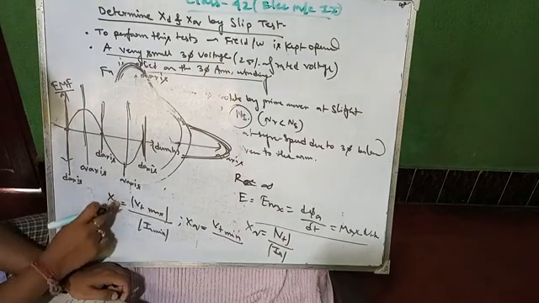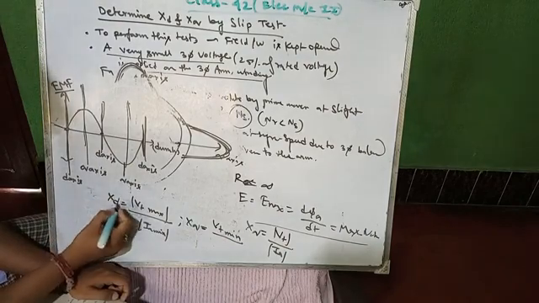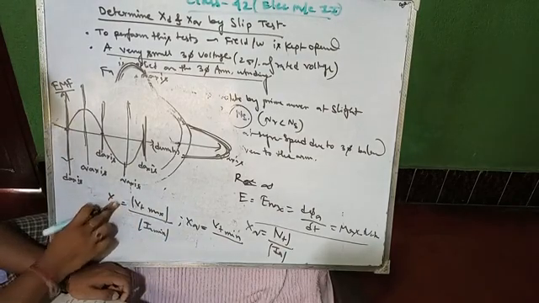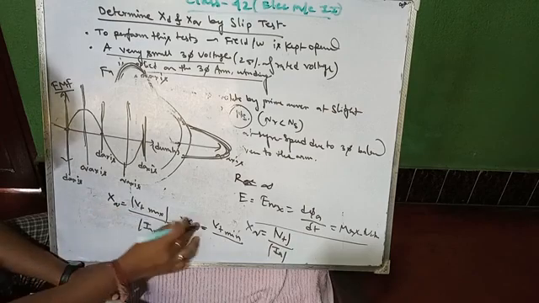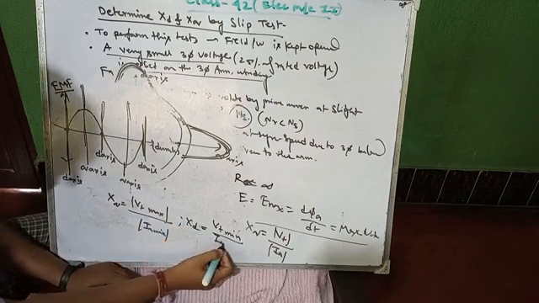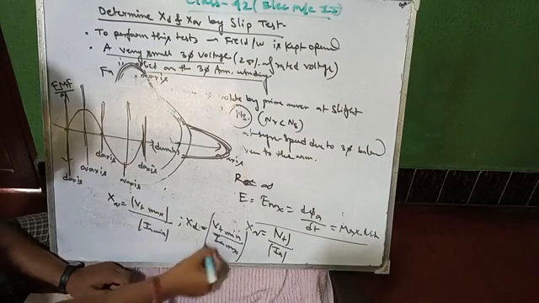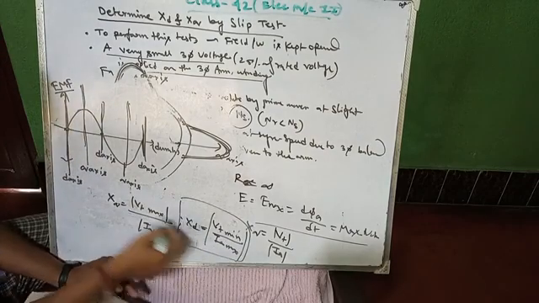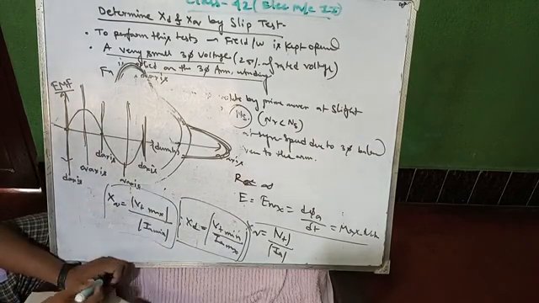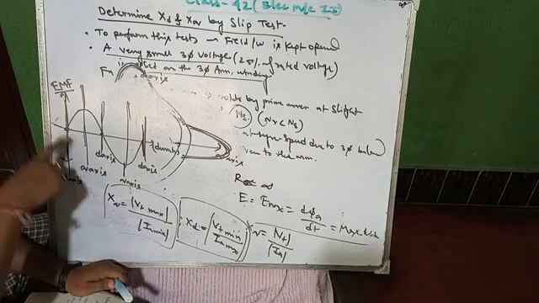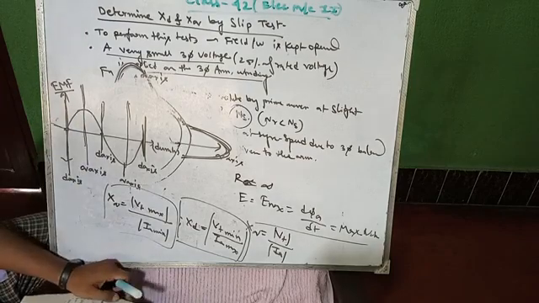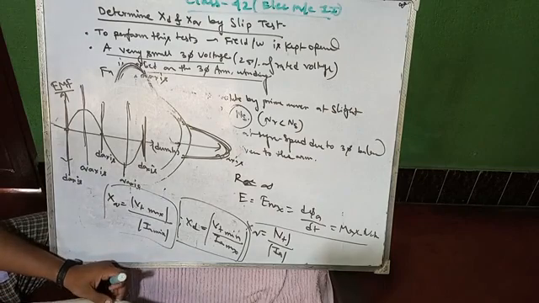Sorry, I am writing it wrongly. That means XD equals this one, and XQ equals this one. When the terminal voltage is maximum, it will reach the maximum value. So XD and XQ are also being calculated.